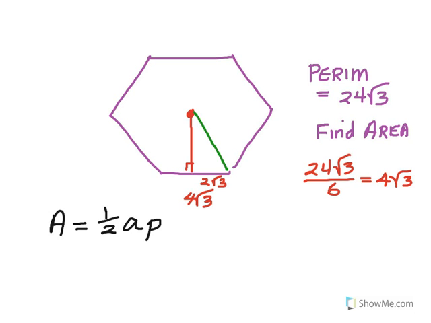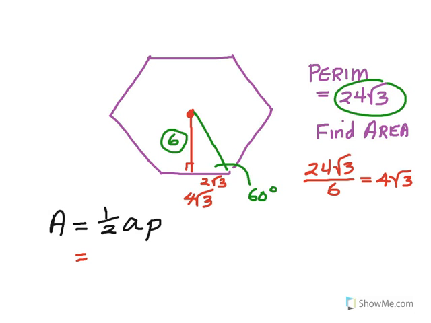Okay, so let's look at what our angles are here. I remember 6 sides, 60 bottom. So if that's a 60-degree angle, I have a 30-degree angle on top. And 2 root 3 is the short leg. So I know to find the apothem, I multiply the short leg by root 3. So 2 root 3 times root 3 is 2 times 3, or 6, for the apothem. So I already had the perimeter, and now I've got the apothem, so I can use the formula.